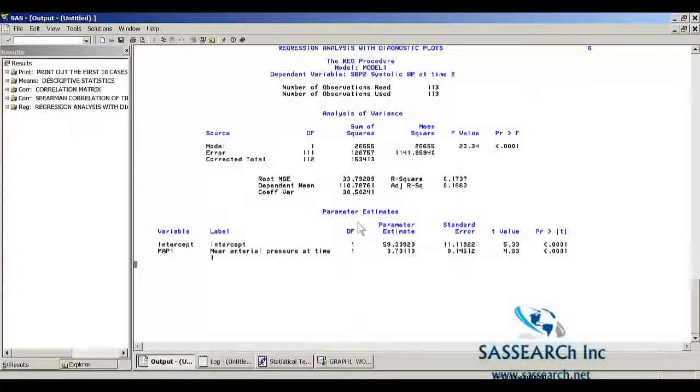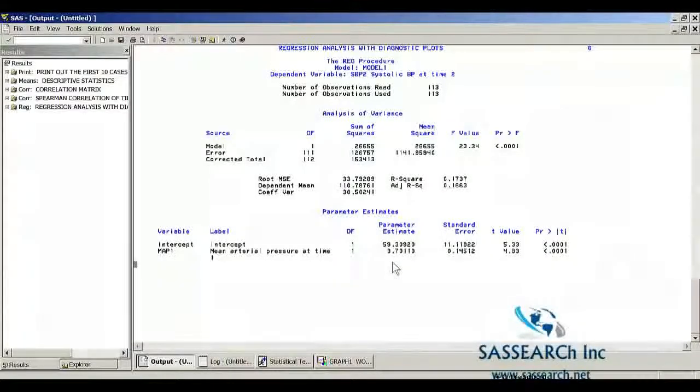And then here are our parameter estimates. The parameter estimates give us the information we need to determine the equation of the regression line. So our regression equation could be read as the predicted systolic blood pressure at time 2 equals 59.31, which is our intercept, plus 0.70, which is our slope, times the mean arterial pressure at time 1.